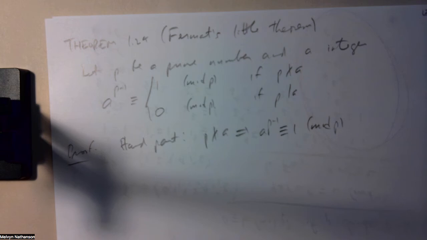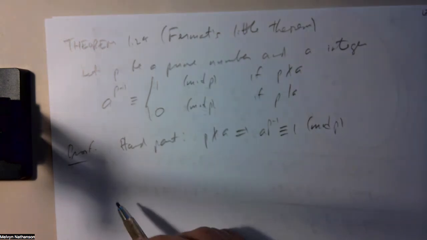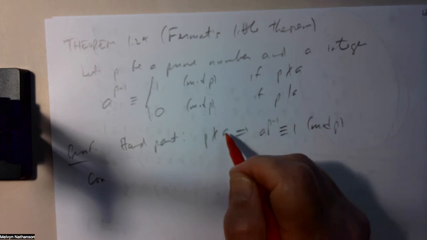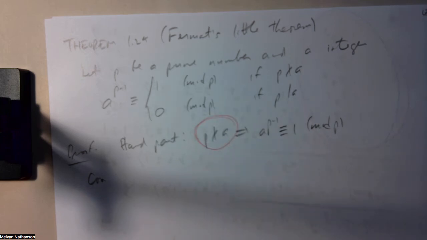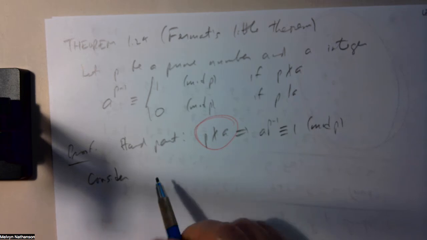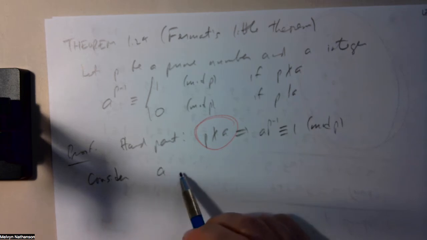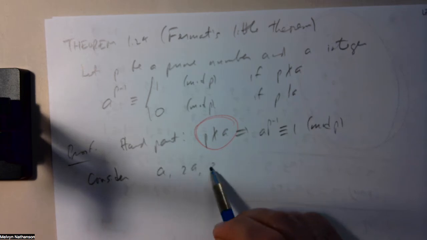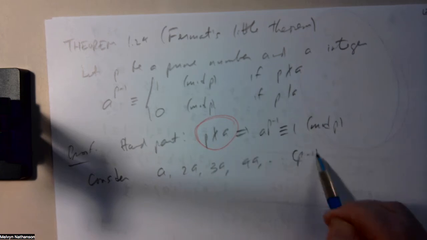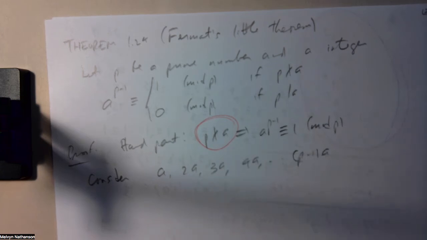So the idea is the following. We have a number a that's not divisible by p. Consider the numbers 1 times a, 2 times a, 3 times a, 4 times a, up to p minus 1 times a.